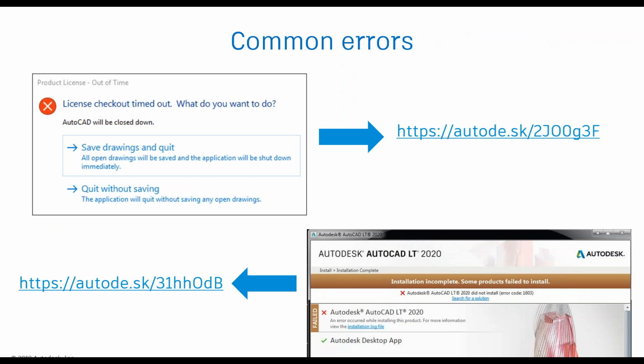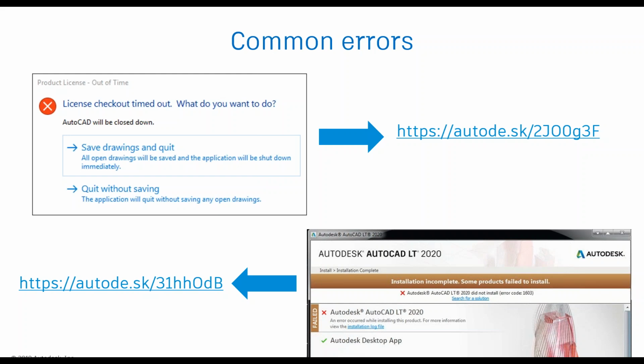If you're familiar with version 2020, there are two main issues that we were presented with when we started rolling out the software. These are the two main ones. First, we have license checkout timeout. This is the main error that comes up when the license component is not working properly.